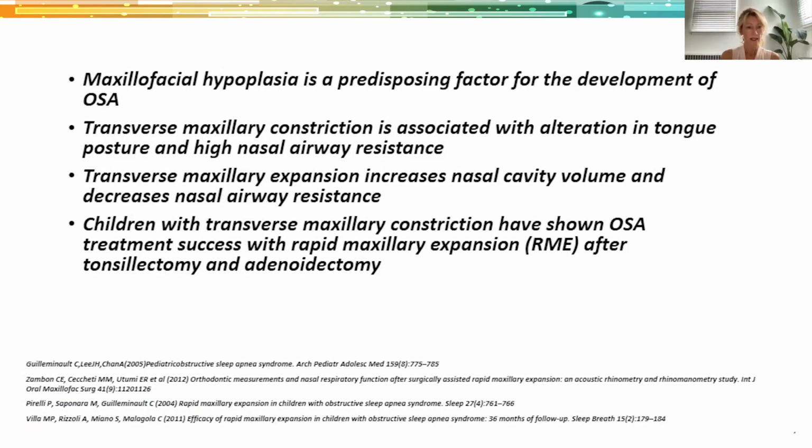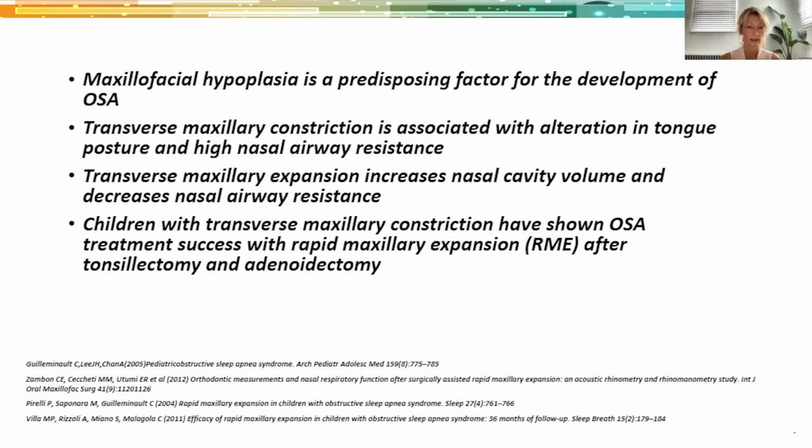So we have evidence that maxillofacial hypoplasia is a predisposing factor for the development of obstructive sleep apnea. Transverse maxillary constriction is associated with alteration in tongue posture and high nasal airway resistance.